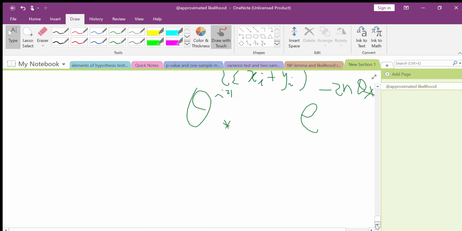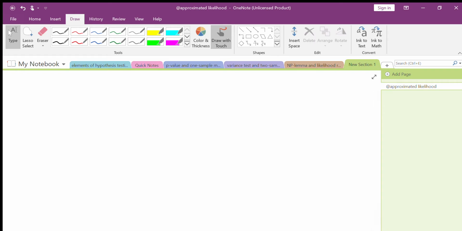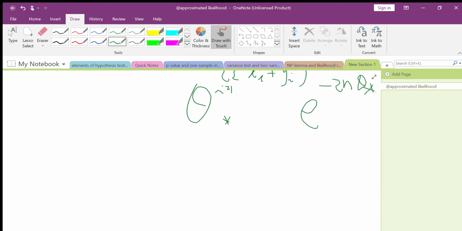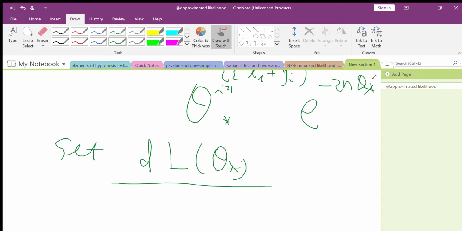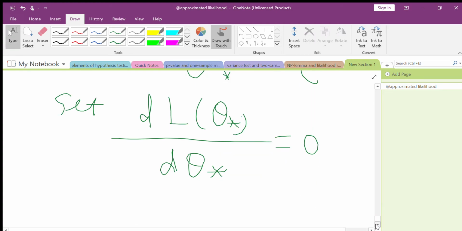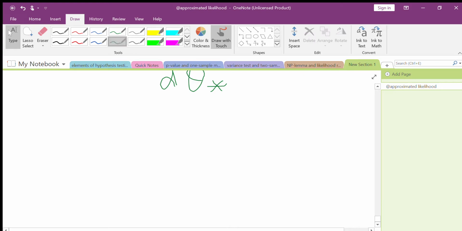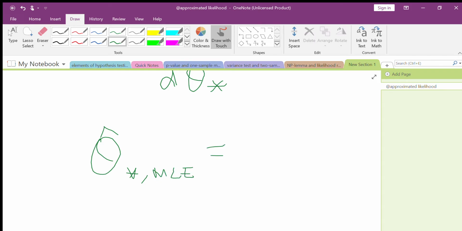To find the MLE, set the derivative of the likelihood function with respect to theta star to 0. Then we get the MLE of theta star, which is x bar plus y bar divided by 2.